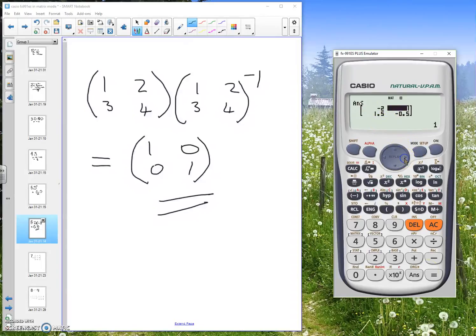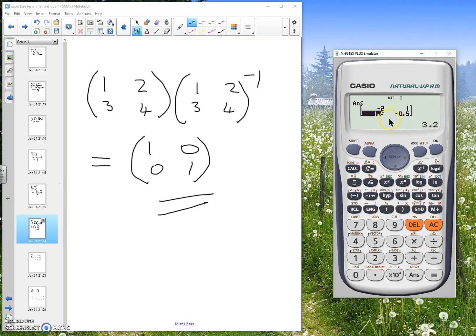I'm seeing -2, 1, 1.5 and -0.5, and notice when I highlight 1.5 it expresses this as a fraction, and that is 3/2. So when you are expressing the inverse of a matrix, you'll get decimals in the matrix, but you can detect them as fractions by highlighting them.